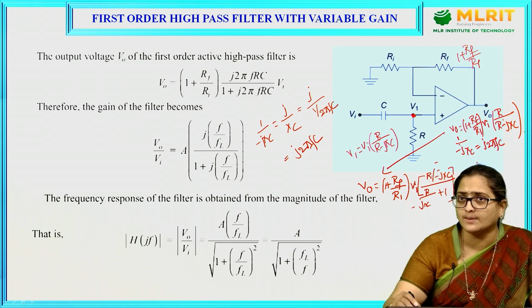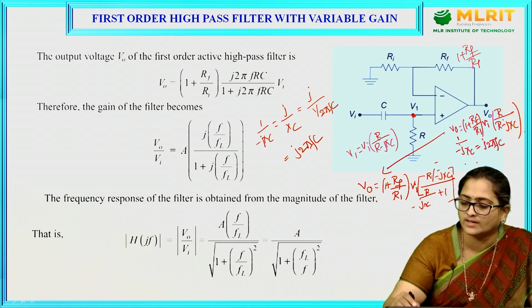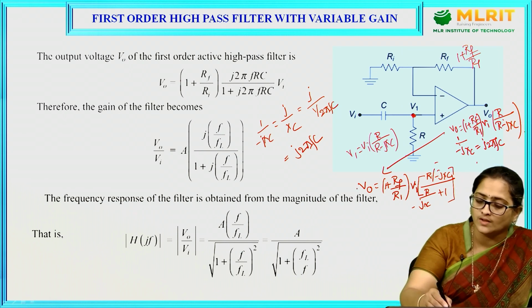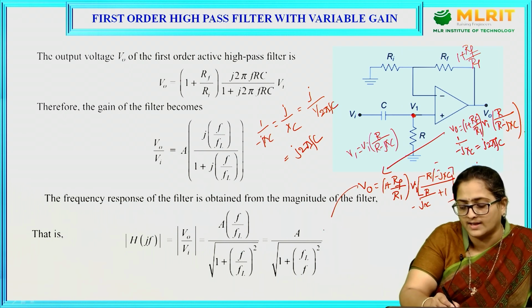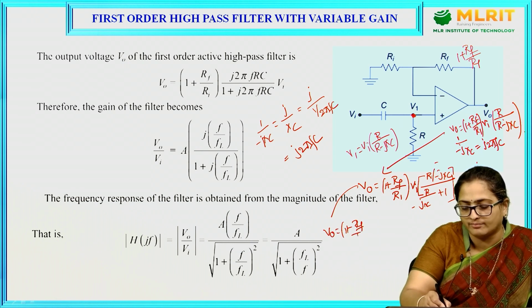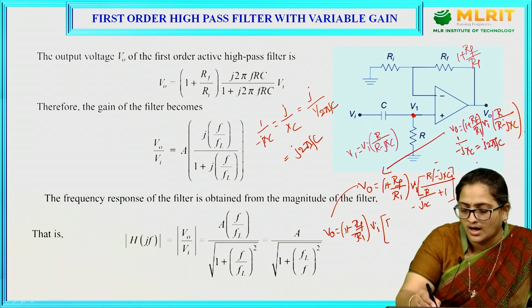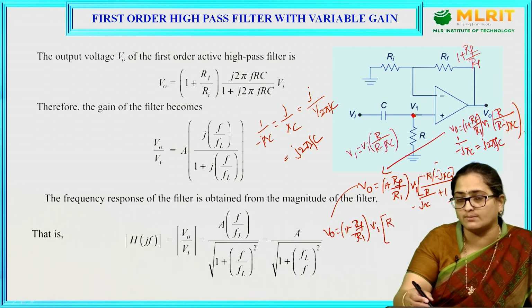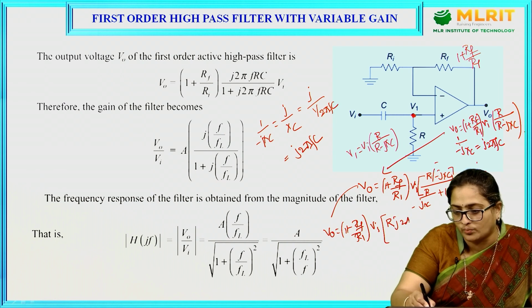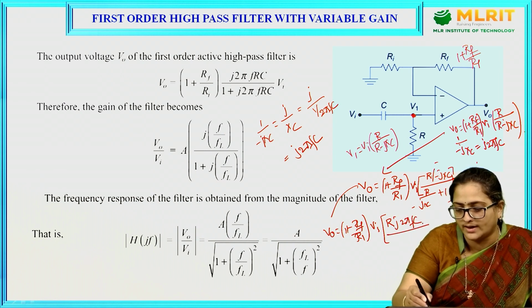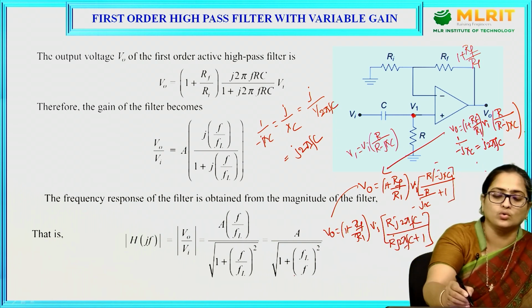So, if you substitute 1 by minus jXc with j 2 pi fc, again this equation you can write as V0 is equal to 1 plus Rf by R1 into Vi into R into j 2 pi fc divided by R into j 2 pi fc plus 1. So, you got this expression.